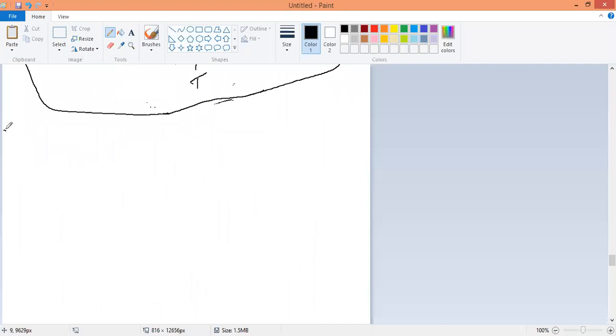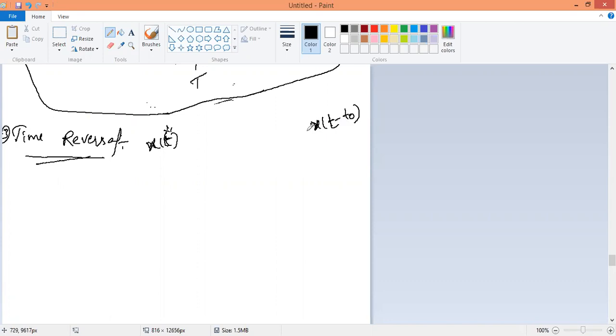Next, see the third property, time reversal. Same as before, first let x of t be a continuous time signal and it is a periodic signal. Here t is the time. What is the reversal? Time reversal of this signal. So time shifting means we have written x of t minus t naught.